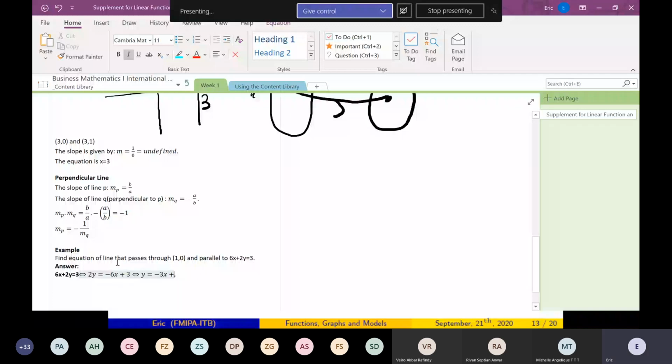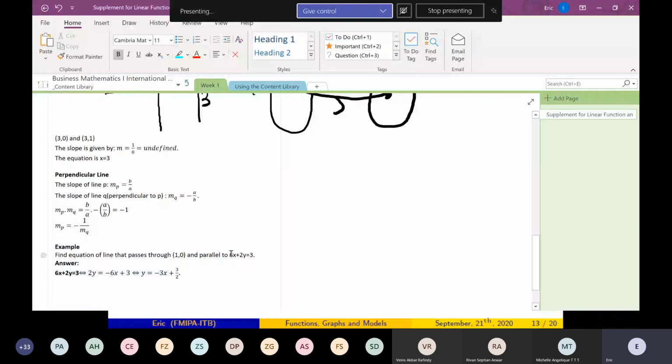So this line is the same as this line. Can you follow me? Yes. Okay, so the equation of the line is y equals mx plus c.